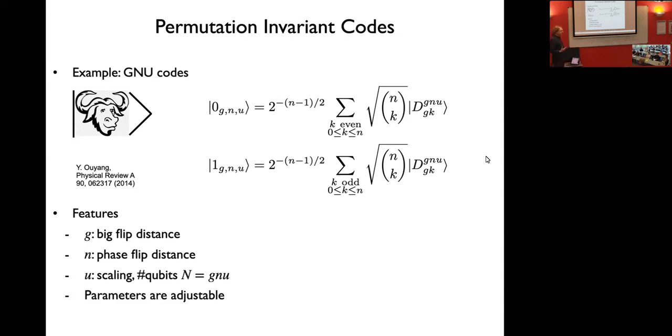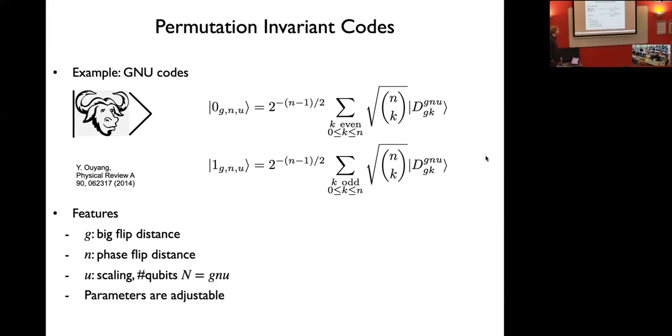So the parameters that go into the definition of this code are a bit flip distance, g. Remember, the distance is basically twice the number of errors you can correct. So this would be twice the number of bit flip errors you can correct. There's little n, the phase flip distance. And there's this parameter u, which is a scaling parameter.